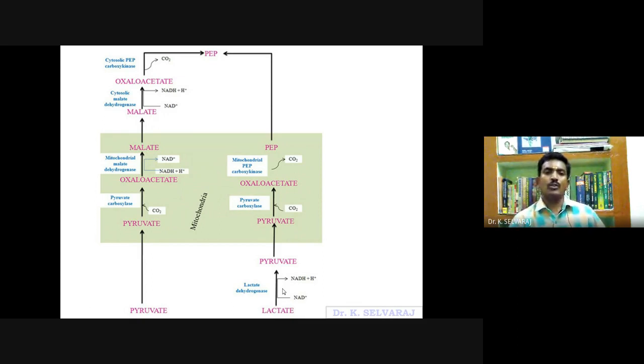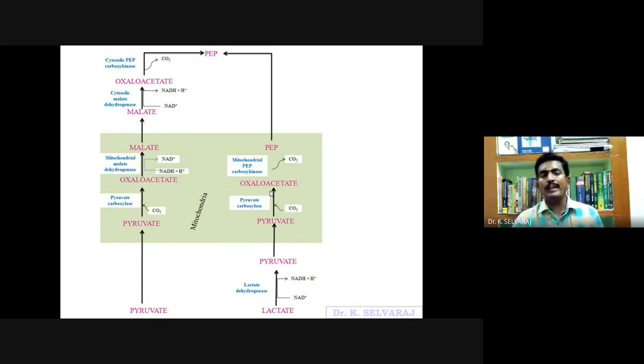Then oxaloacetate is converted to phosphoenolpyruvate with the help of mitochondrial phosphoenolpyruvate carboxykinase. Here, one thing you see: the mitochondrial and the cytosolic phosphoenolpyruvate carboxykinase both do the same function, but at different cellular locations.